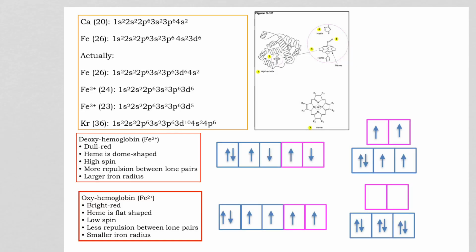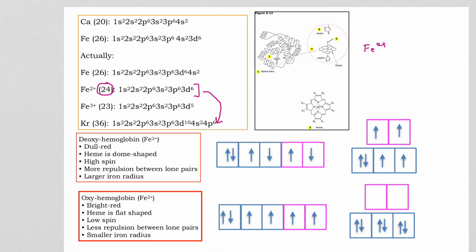So the ferrous, the Fe2+, which is what we see in our heme group in myoglobin and hemoglobin, the ferrous ion, you can see, has 24 electrons. So all these elements try to become noble.